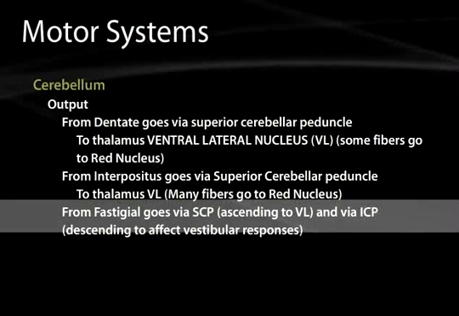That's one of the exceptions to the fact that the inferior cerebellar peduncle is primarily an input structure to the cerebellum. But this information from fastigial can go out via the inferior cerebellar peduncle and descend to allow your body to adapt to vestibular input.